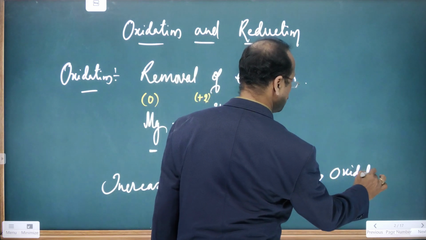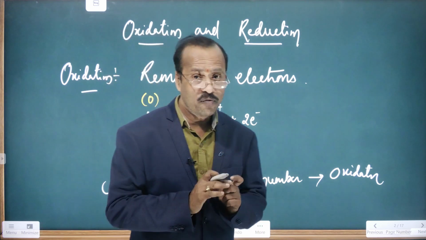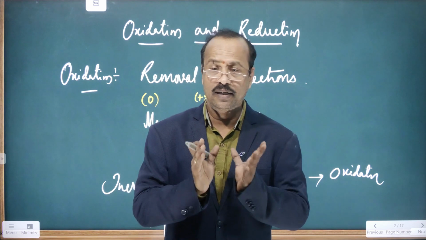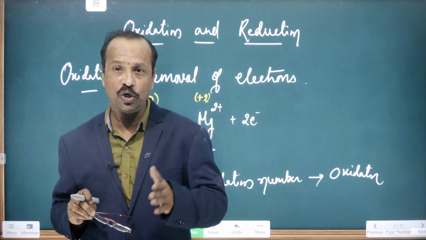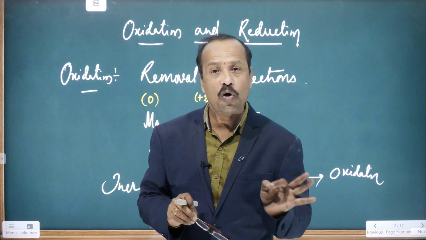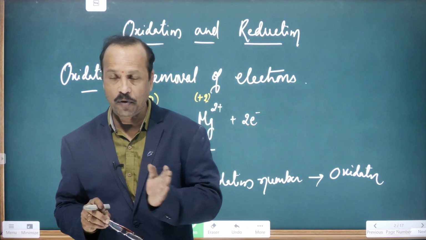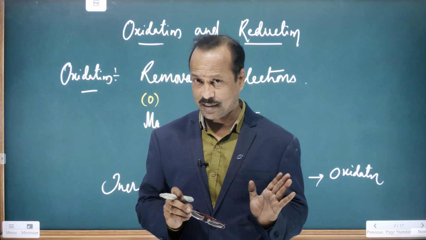Clear? So there are 4 definitions of oxidation, students. The first 2 definitions you normally study in the lower classes: addition of oxygen to a given compound, or removal of hydrogen from a given compound, is called oxidation.